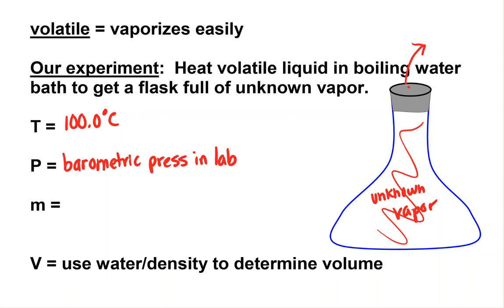Okay, and then the mass of the vapor is a little harder to get. If you have a flask full of this unknown vapor and you put it on the balance, you're not going to be able to determine its mass. There are lots of ways to explain that, but one way that's easy to understand is that when it's in the gas phase, its density is similar to its surroundings, and so you don't get the true mass of it.